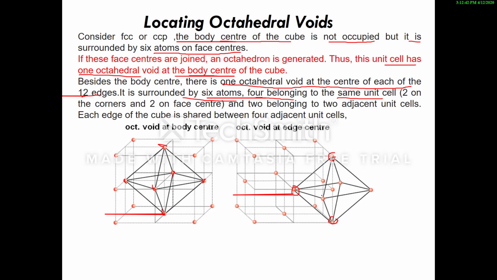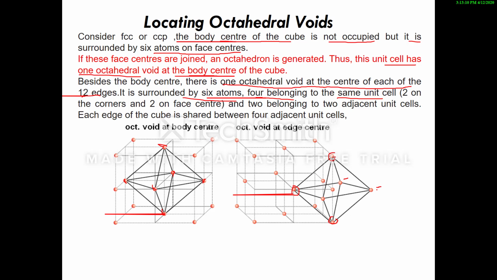This one is 4. 2 on the corners, like this is one corner and this is another corner, and 2 on face centers. So this is one face center and this is another face center. 2 and 2 belong to the adjacent unit cell.